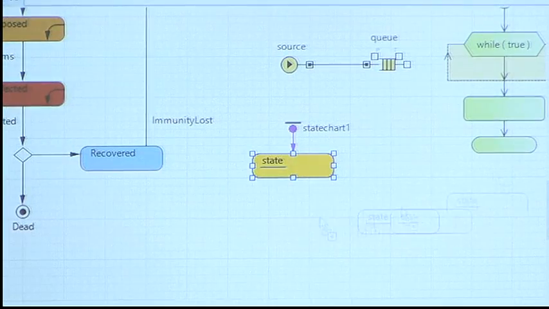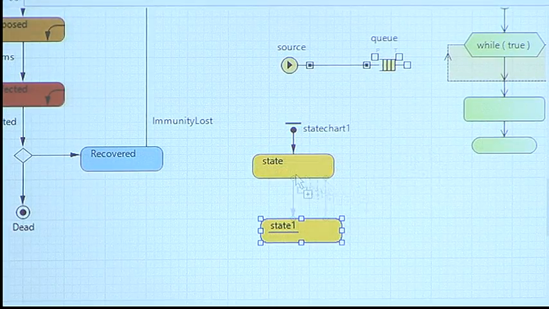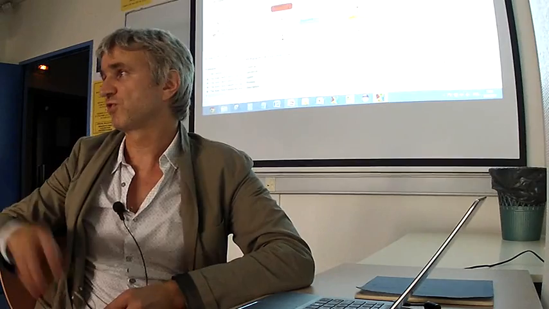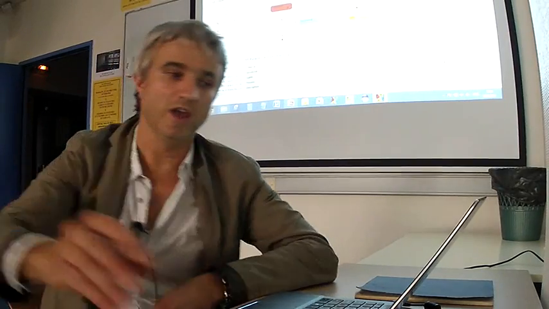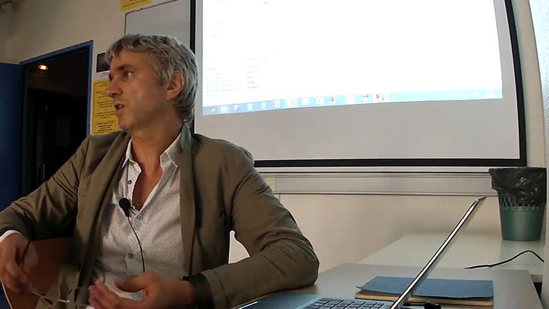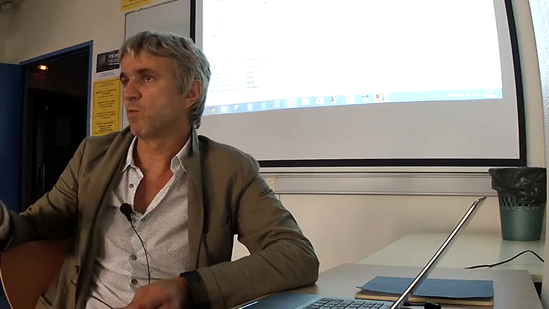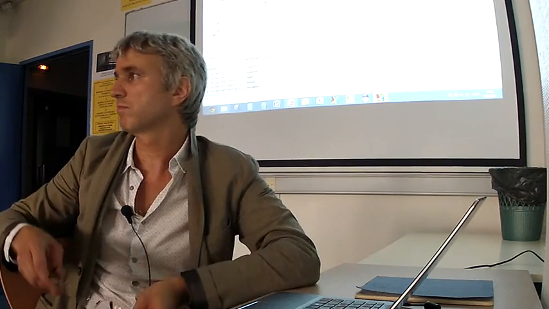So you can do another state chart here, and for example, this describes the state of a person with respect to disease, and this describes the state of the person with respect to having health insurance or not, or work-home pattern, whatever. So yes, you can do that.